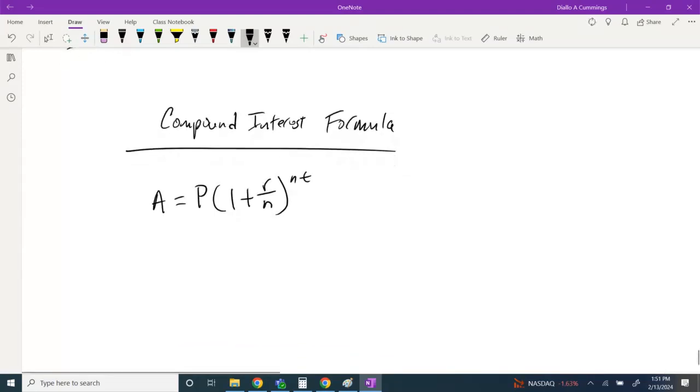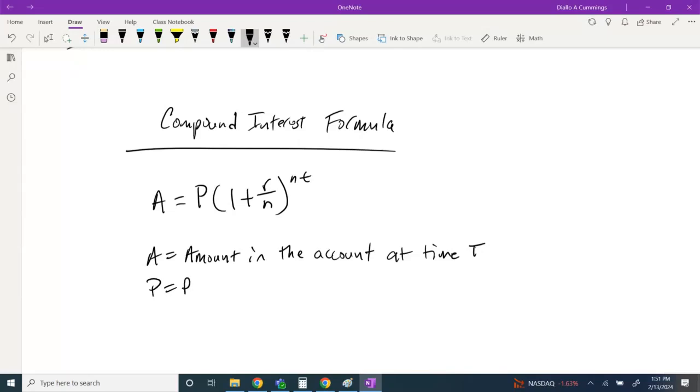And in this formula, A is the amount in the account at time T. So unlike the simple interest formula where you have to go back in and add the interest to either the loan or what you invested, this formula gives you the amount in the account. P is the principal, right?